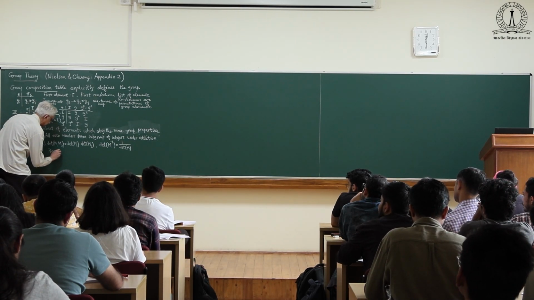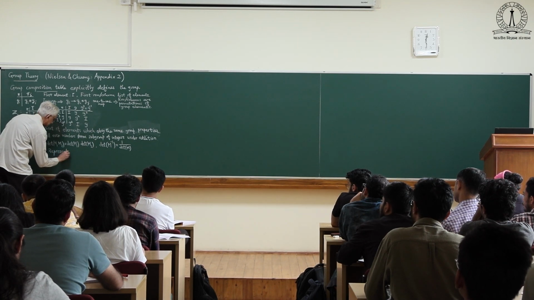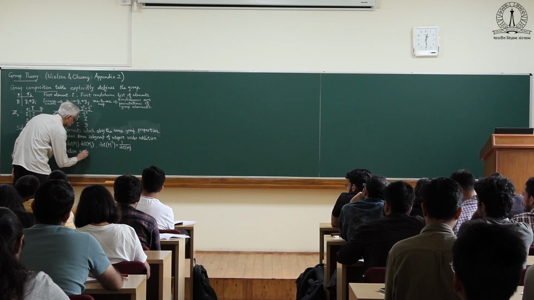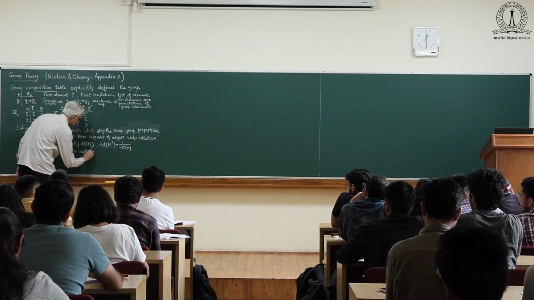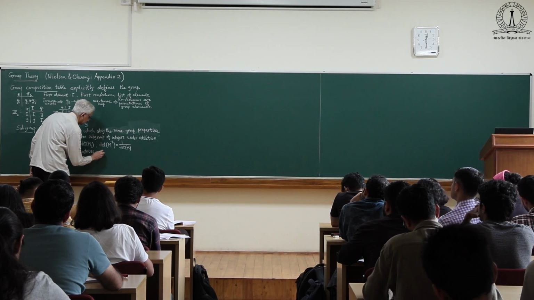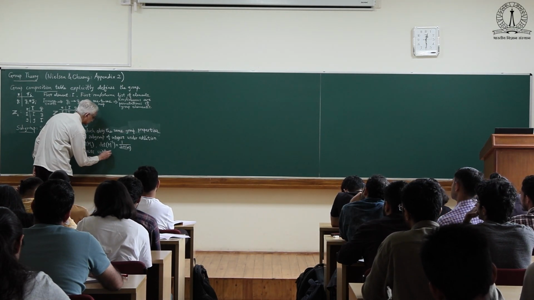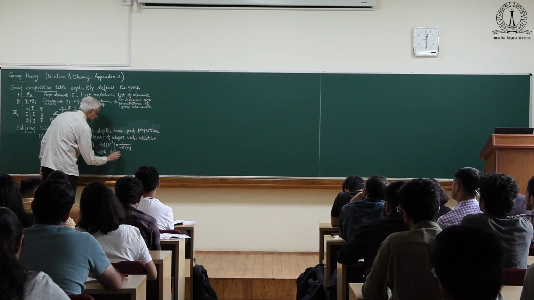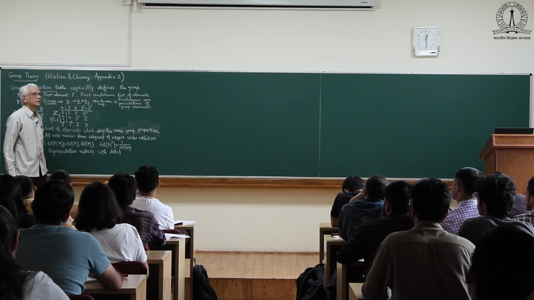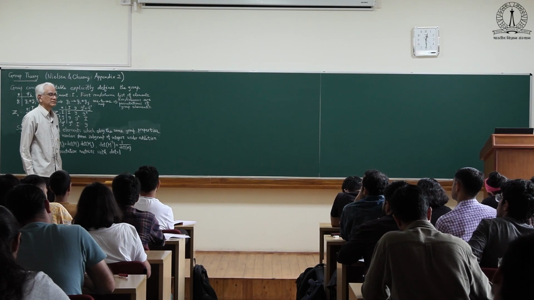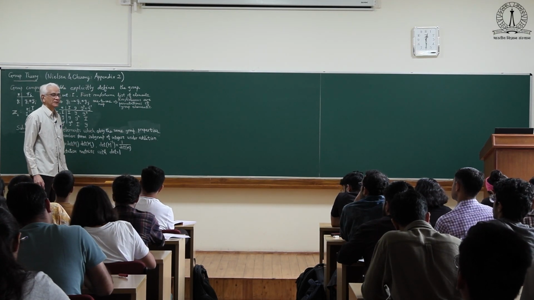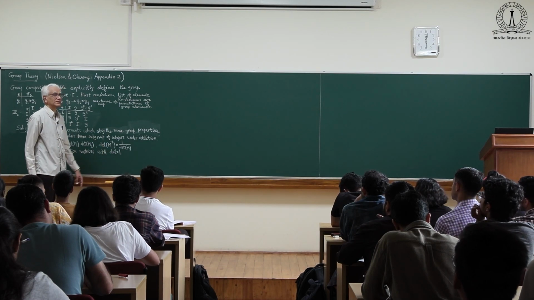representation matrices with determinant equal to 1, where these identities become trivial, both this and this.